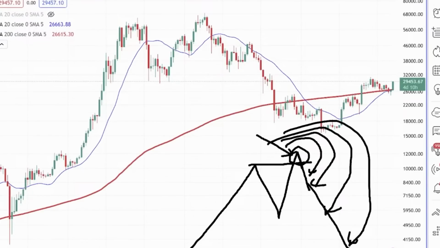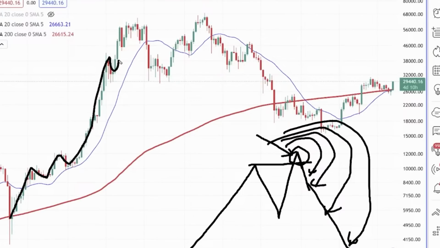And so whenever something is top heavy, to unwind it, more people have to exit. If more people are in it, then more people have to exit. More exiting is more selling. More selling is deeper decline. Okay? Now we have that here. See the pullbacks?